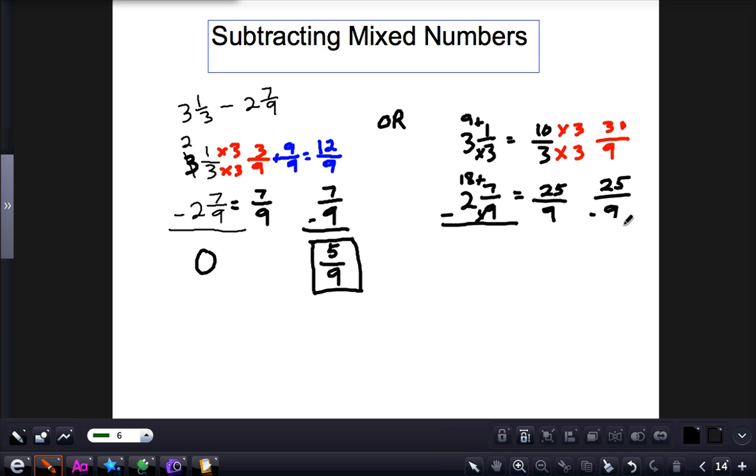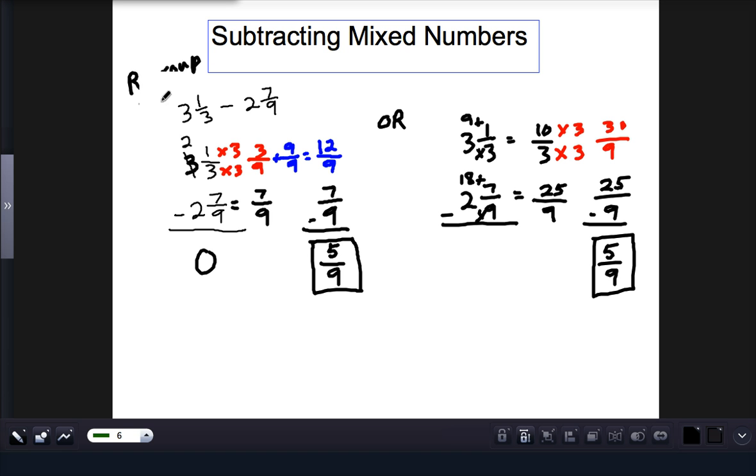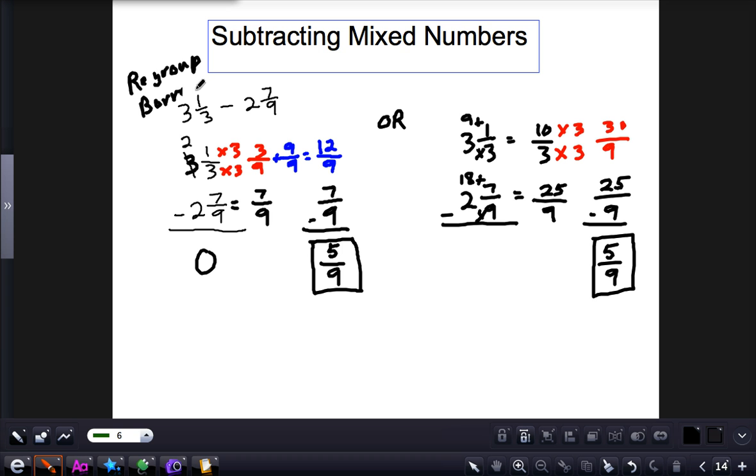Now if I subtract that, I've got 5/9 as well. So there's two different ways you can subtract mixed numbers, either using the regroup or borrow method or using improper fractions. And that is how you would subtract mixed numbers.